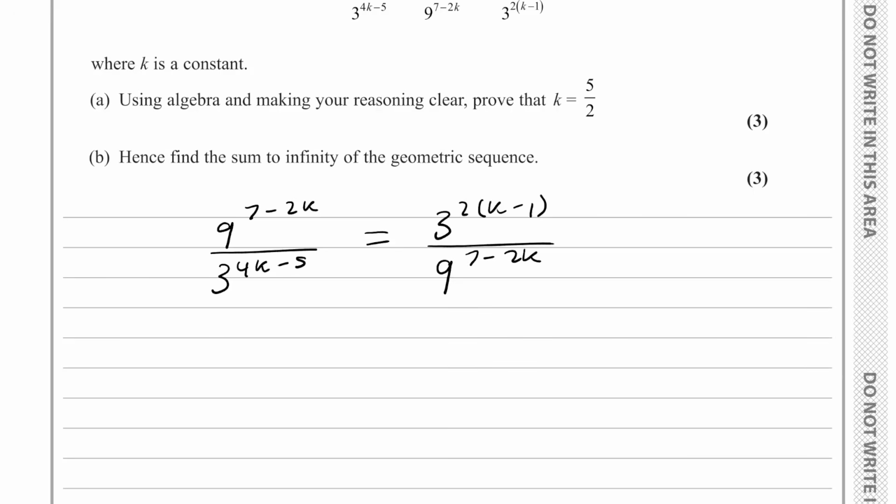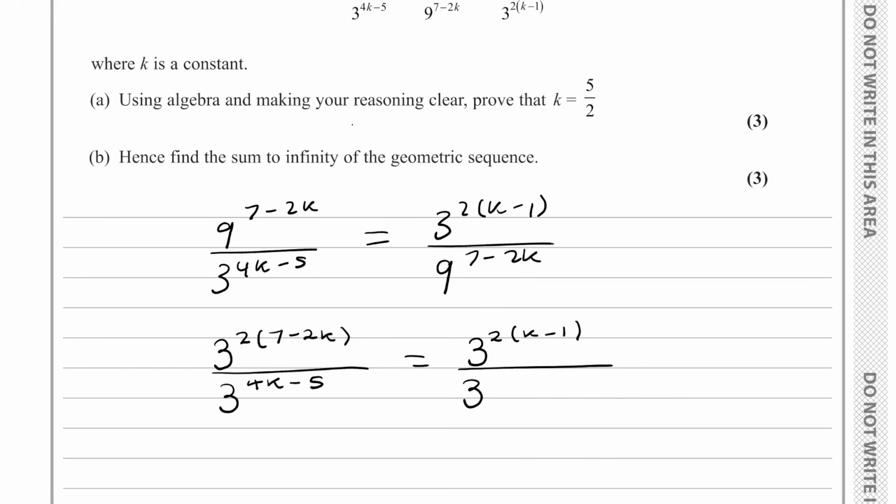So I'm going to change 9 into 3 squared. So 3 squared to the power of 7 minus 2k over 3 to the power of 4k minus 5 is equal to 3 squared to the power of k minus 1 over 3 squared to the power of 7 minus 2k.